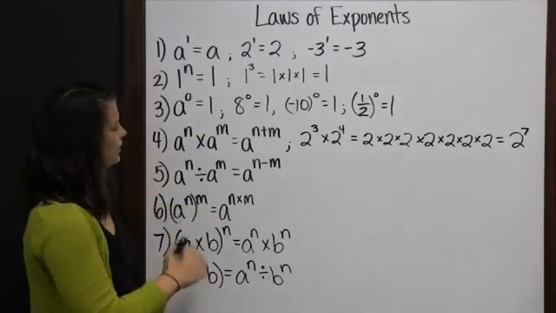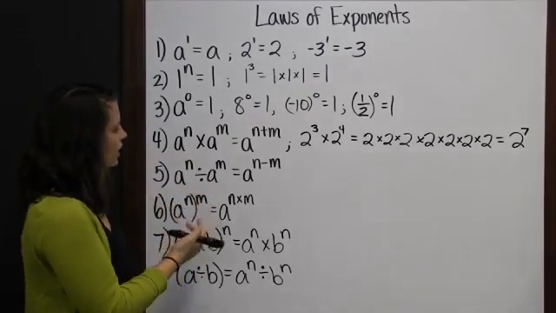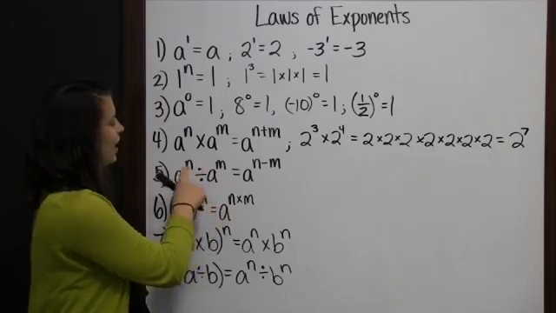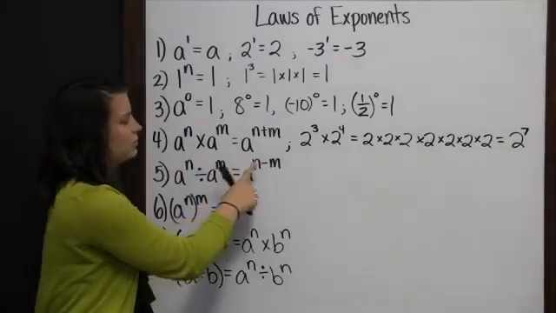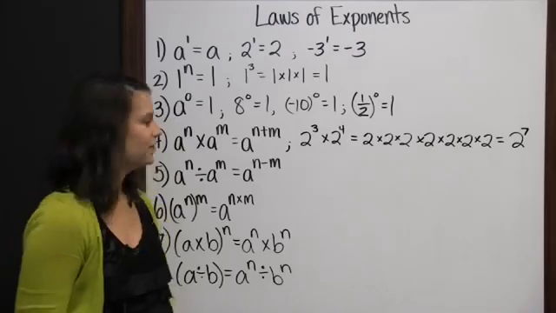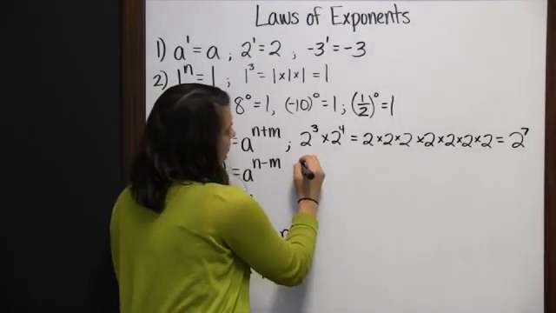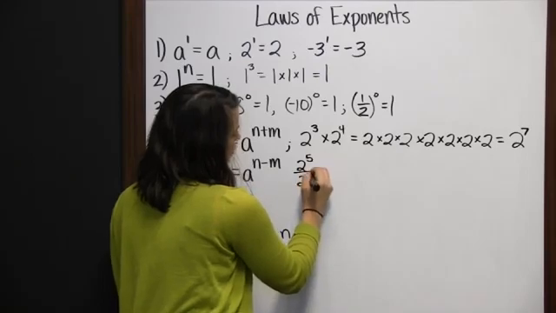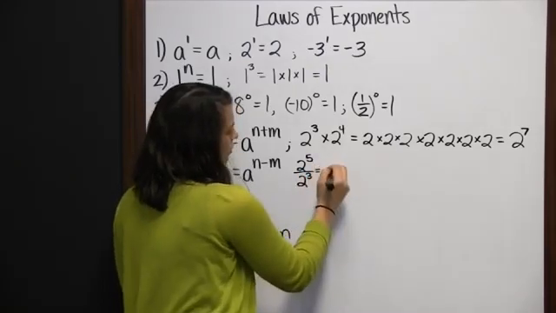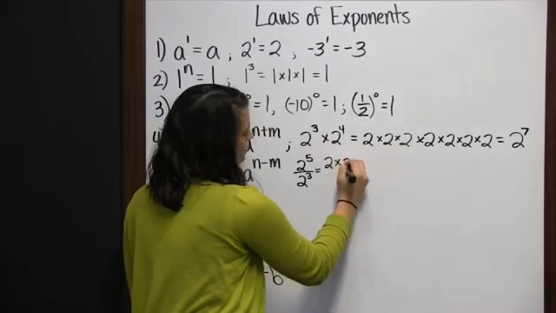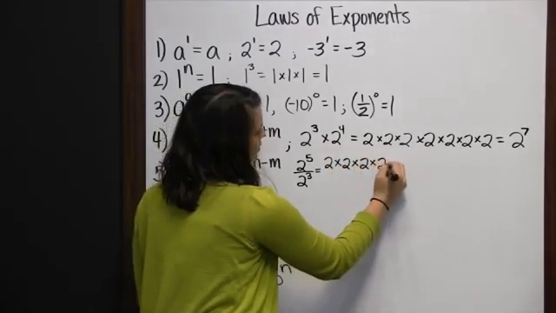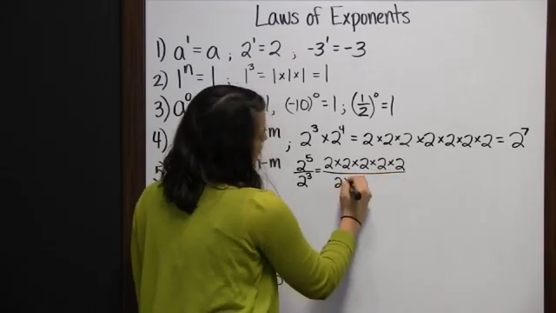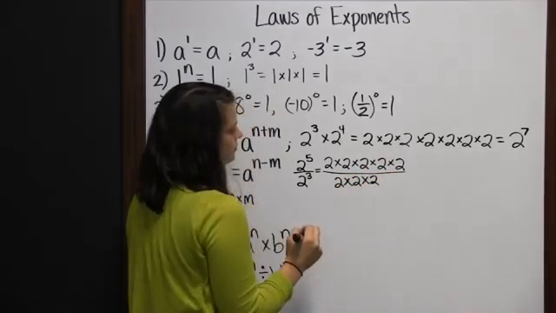The fifth rule is pretty similar to the fourth rule, except we're dividing numbers with the same bases. So instead of adding our exponents, we subtract our exponents. For example, if we were doing 2 to the 5th divided by 2 cubed, what we're really doing is 2 times 2 times 2 times 2 times 2 divided by 2 times 2 times 2.